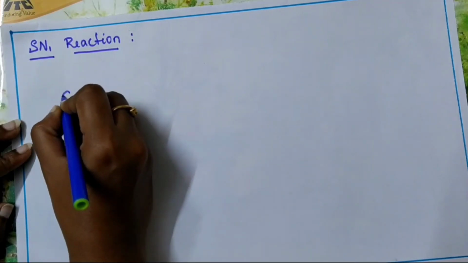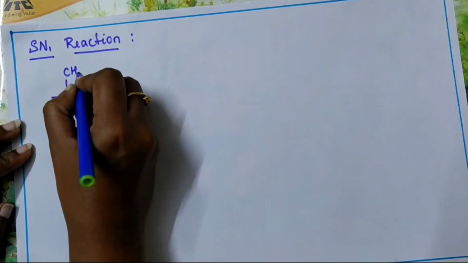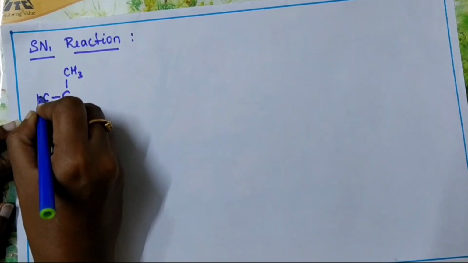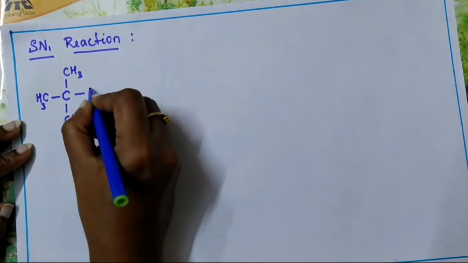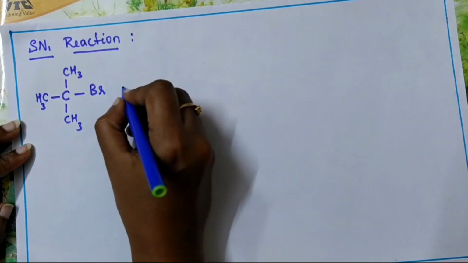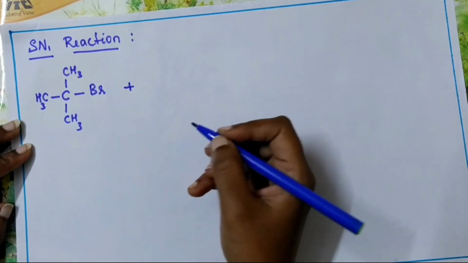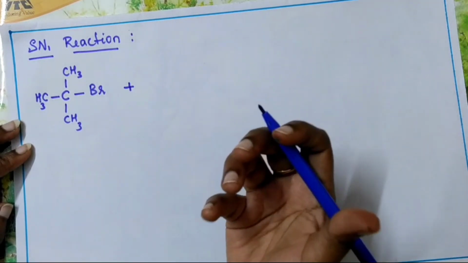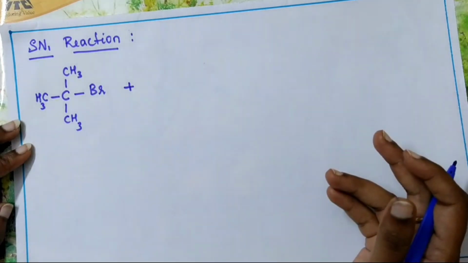So let us take the tertiary alkyl halide itself. Let me write it: a carbon bonded with 3 other carbon atoms. I will take methyl groups only. And it is bonded with one halogen. We will consider bromine here. Okay. When it reacts with a nucleophile, you can consider any nucleophile like OH minus or CH3COO minus.